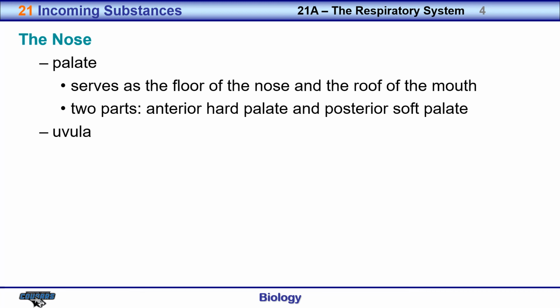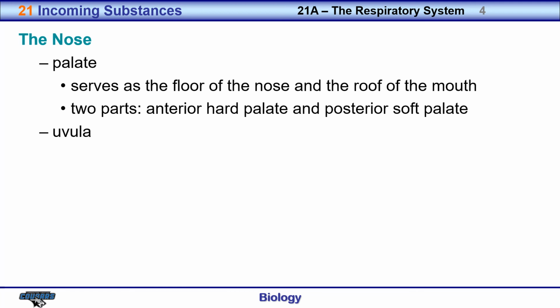The hard palate is actually made out of bone, and as you are growing in as an embryo, the hard palate is supposed to grow together, and you can kind of feel a little ridge in the top of your mouth with your tongue where the two bones have grown together.